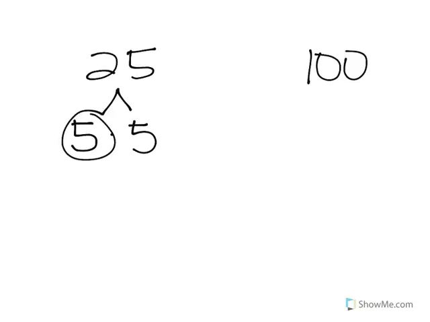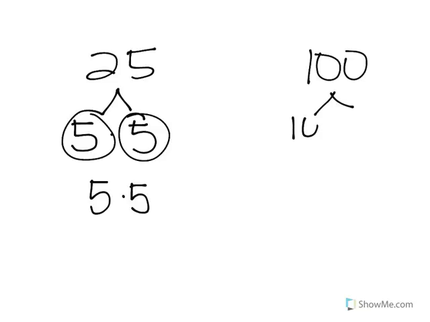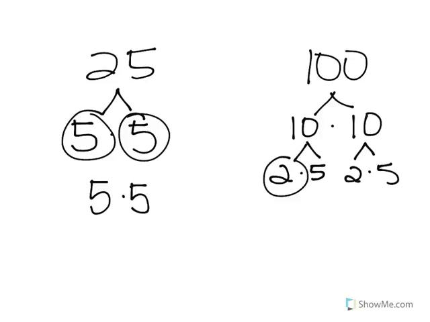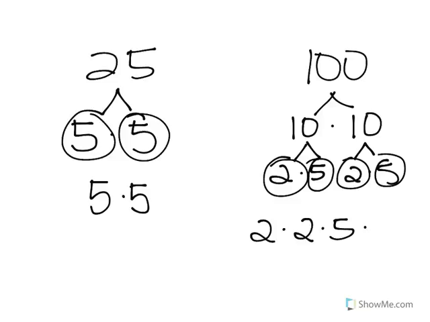Both of those are prime. So I'm going to rewrite that down here as 5 times 5. 100, we can do 10 times 10, which can be broken into 2 times 5. And those are all prime. So I'm going to rewrite that. 2 times 2 times 5 times 5.